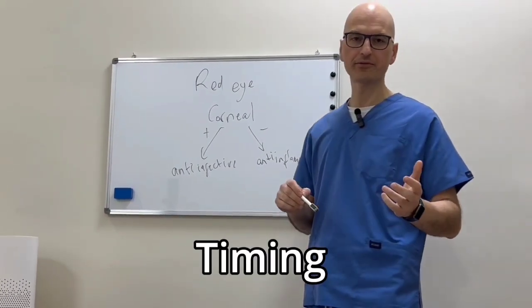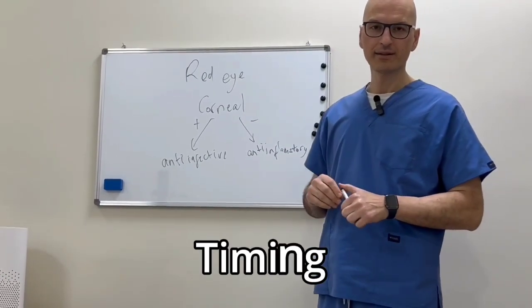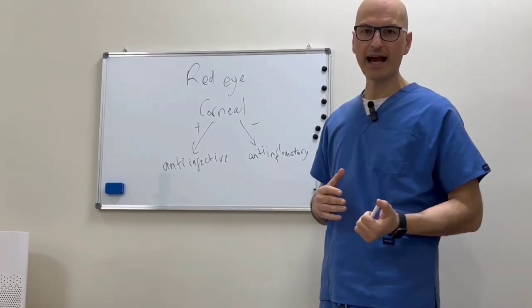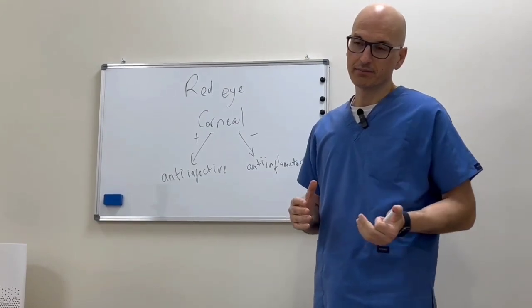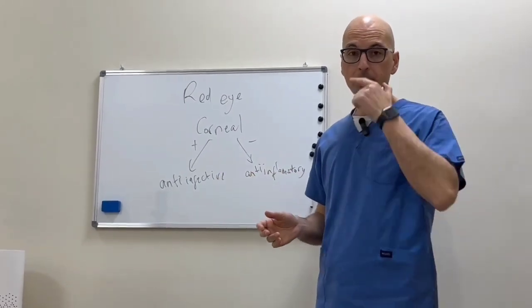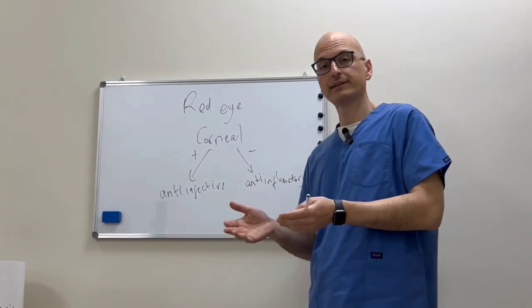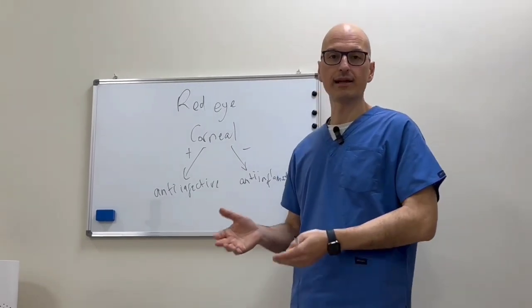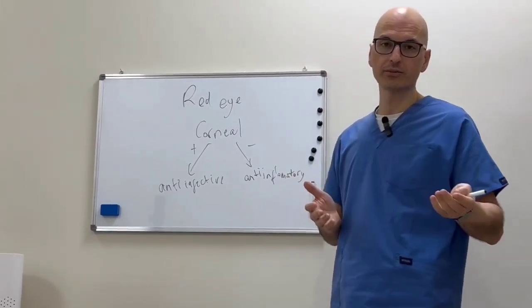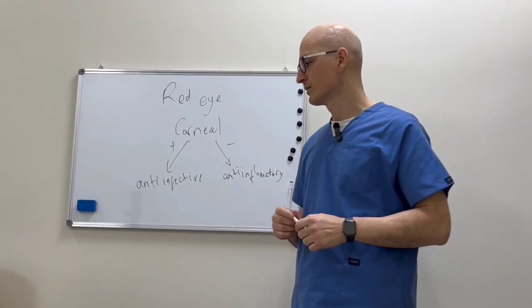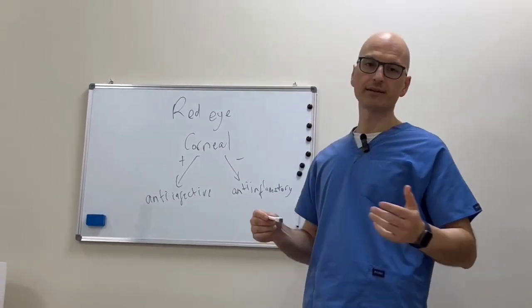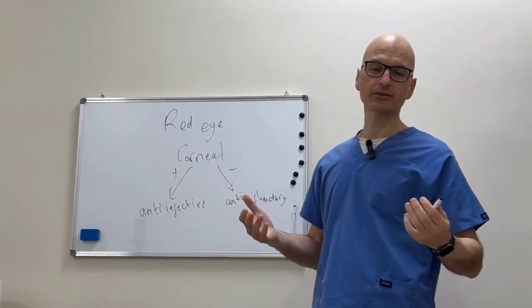Timing can be helpful because in different seasons we tend to get different types of conjunctivitis, but there are always exceptions. So in the spring and summer we expect to have more allergic conditions, and in the winter we expect to have more viruses. Of course, you can also get bacterial conjunctivitis, which is less common.